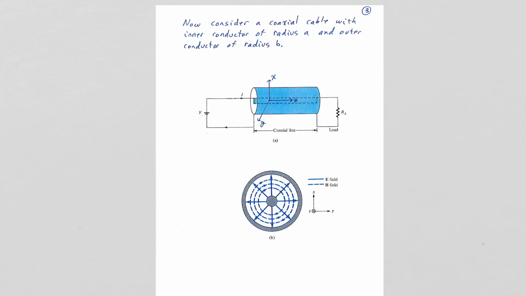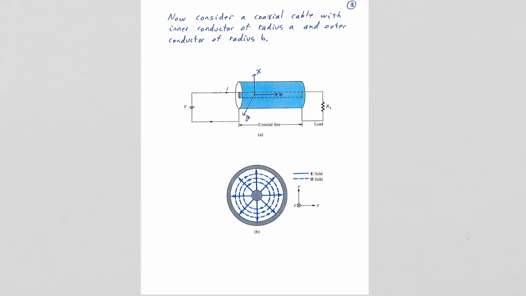We will use a coaxial cable to deliver the power from our source to our load. This is a cross-section through the coaxial cable showing the magnetic field intensity lines and the electric field intensity lines. On the inner conductor, the current is flowing in the Z direction, so into the page.